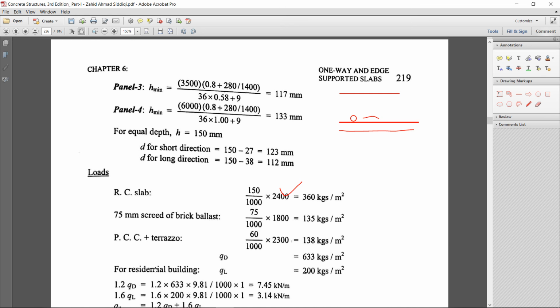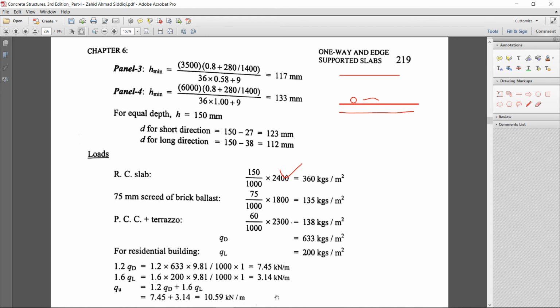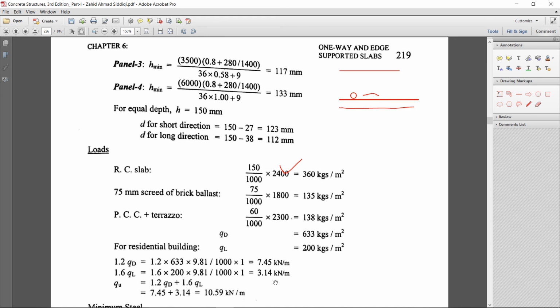So that's why we have separated 1.2 dead, that is 7.45 kilonewton per meter for a unit strip, and 1.6 QL, 1.6 times the live load, that is 3.14 kilonewton per meter. So here we have calculated the total 1.2 dead plus 1.6 live. The total load is 10.59 kilonewton per meter. So we have calculated the load on the slab.